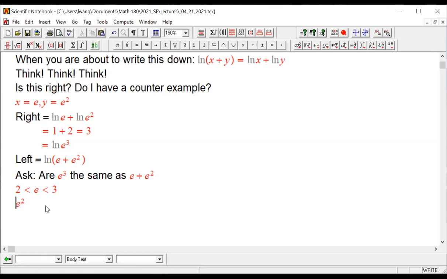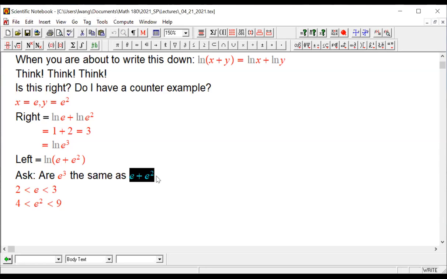I'm showing you some very basic skills: 2 squared is less than 3 squared. These are operations we totally can do. So if e is between 2 and 3, then e squared is between 4 and 9.